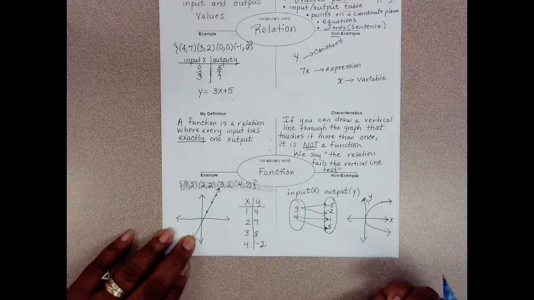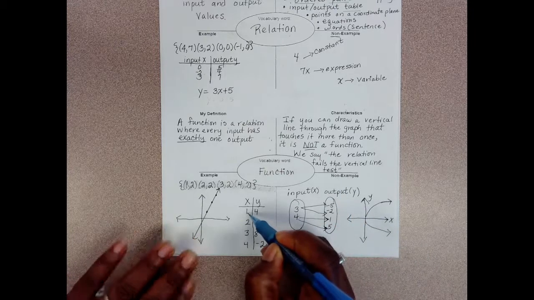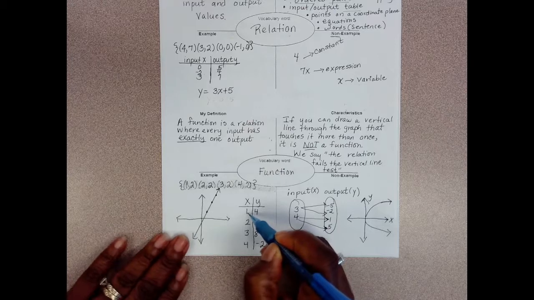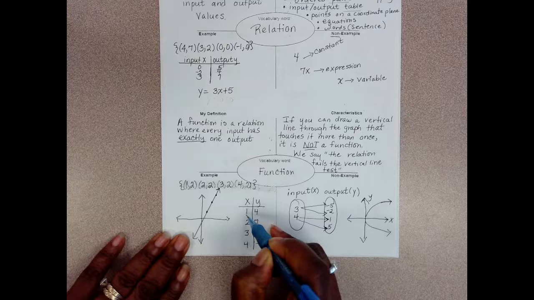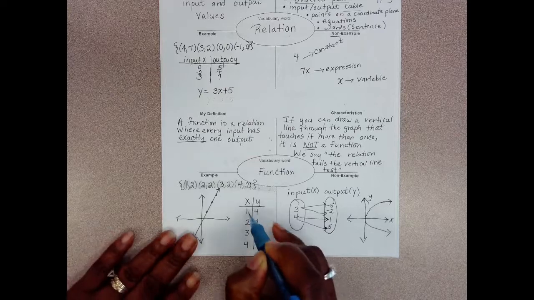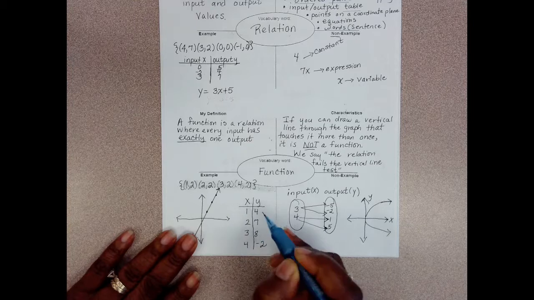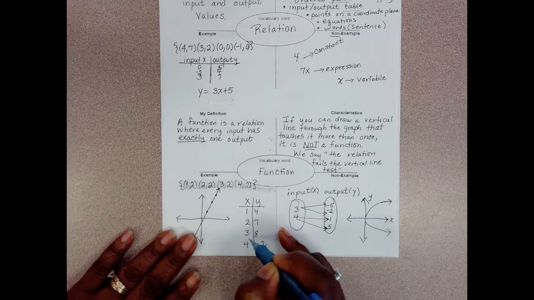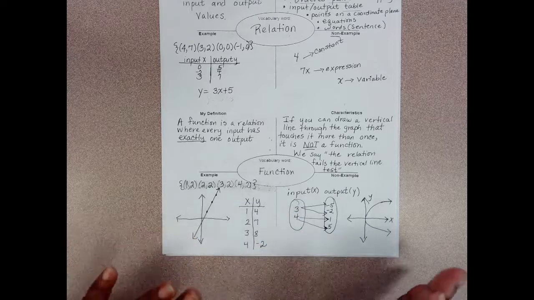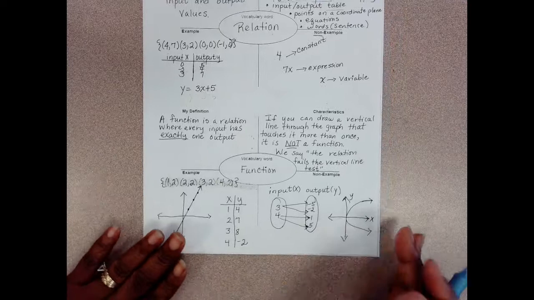I have an input-output table. So when I input a value for x, I'm going to get only one value out for my y. So in this particular example, I have an input of x is 1, and an output of 4. I have an input of x is 2, an output of 7, and so forth. So I'm getting one value for y when I input a value for x.